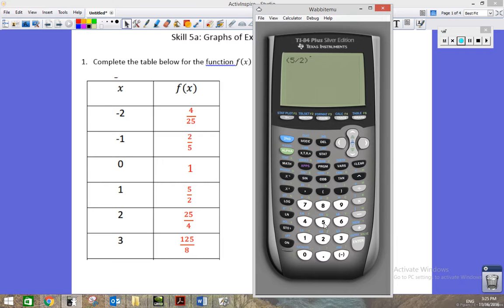So in our table, we've got -2. Now the calculator may give you a decimal number, and let's record that decimal number. The exact value of this, if I convert this to a fraction, is 4 over 25. So that's how I constructed this table. If I bring back what I just keyed in on the calculator, well, do it again.